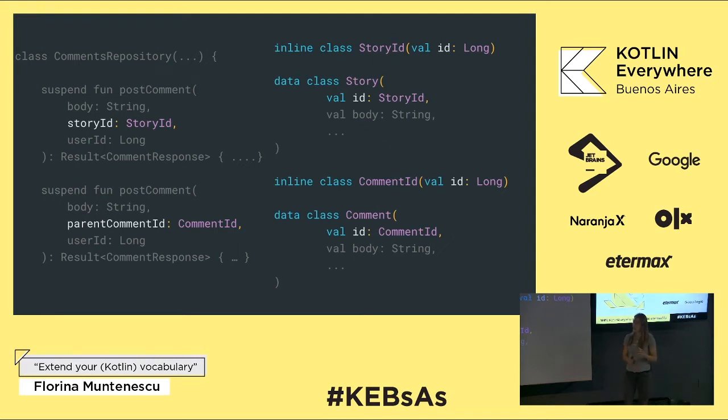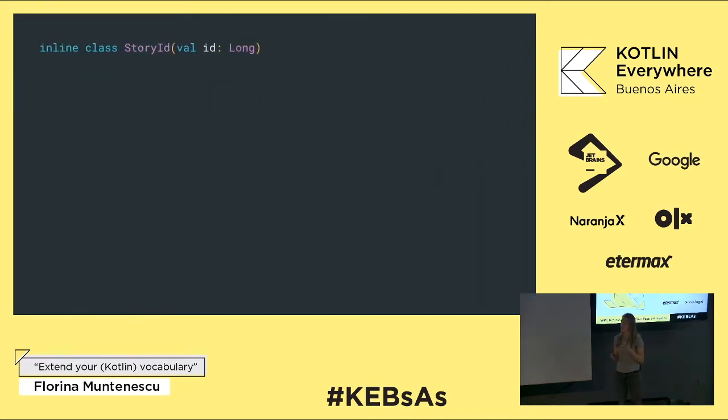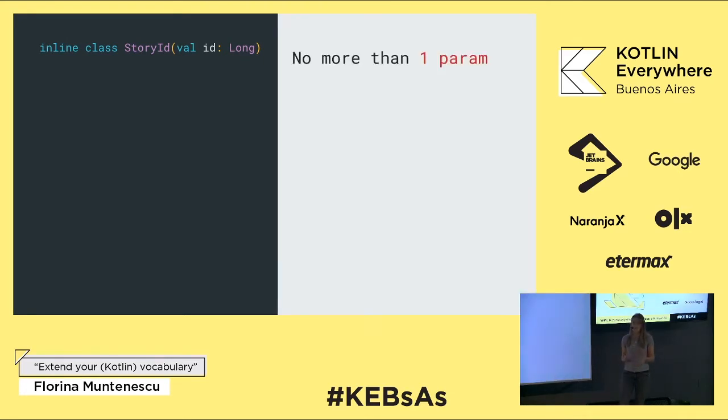So let's see what's up with inline classes. Again, the role of inline classes is just to wrap an object. And actually, this is the part where I started liking Kotlin more and more, because Kotlin enforces this best practice. It's like you're saying that all you want is to wrap an object, okay, then I'm going to force you to only do that. Because inline classes have a series of limitations: they can't take more than one parameter.